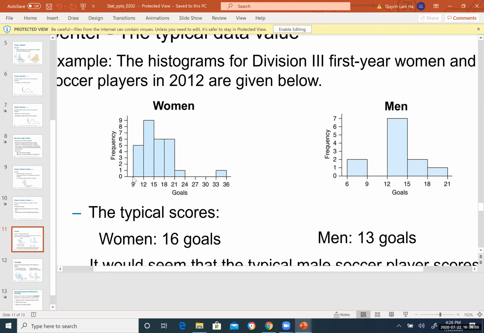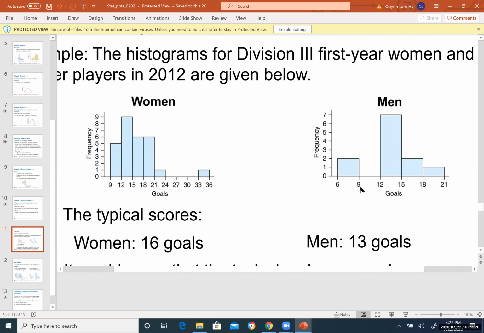If you look at the bin width 9 to 12, which is three values apart, and for the men I have 6 to 9, which is also three values, correct? So they have the same bin width. We don't care if one is drawn smaller and one bigger, it doesn't matter. The bin width is the same.